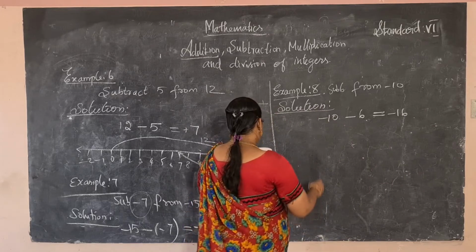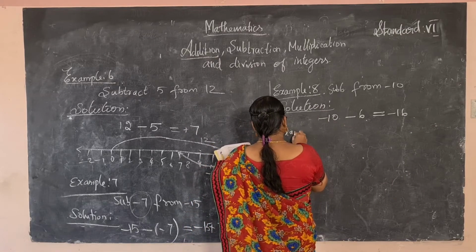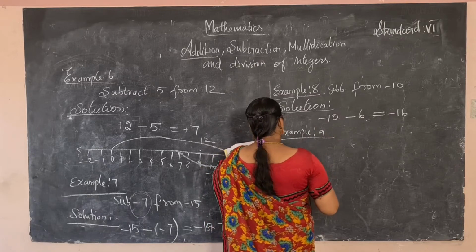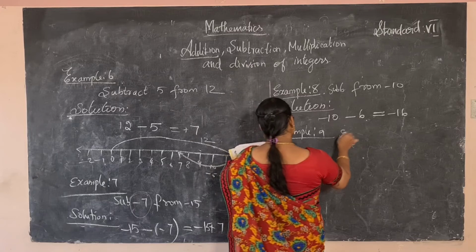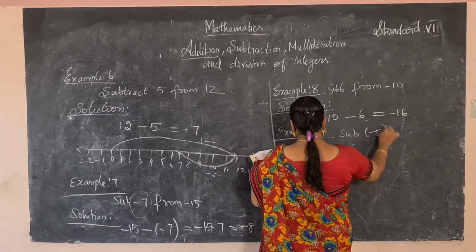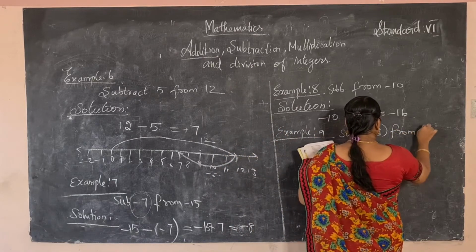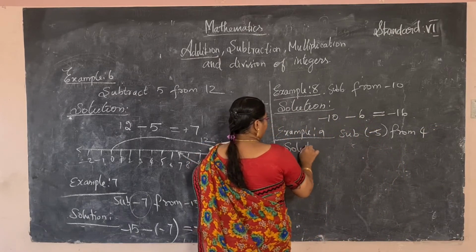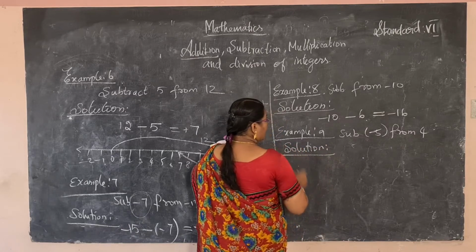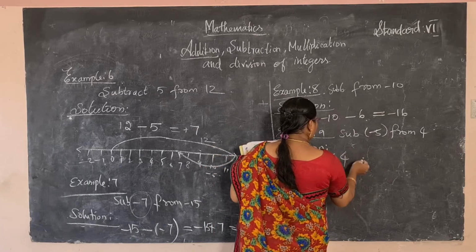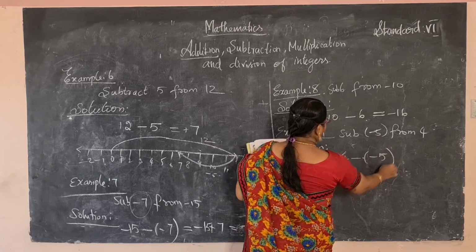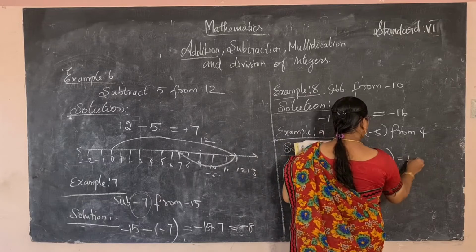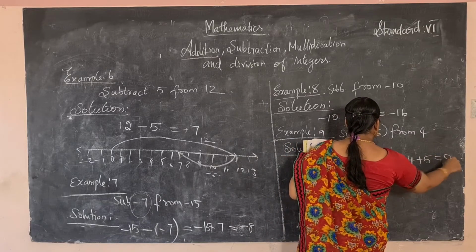That's it. Okay, example 9. Subtract minus 5 from 4. So solution: 4 minus minus 5. Minus into minus is plus. So 4 plus 5 is equal to 9.